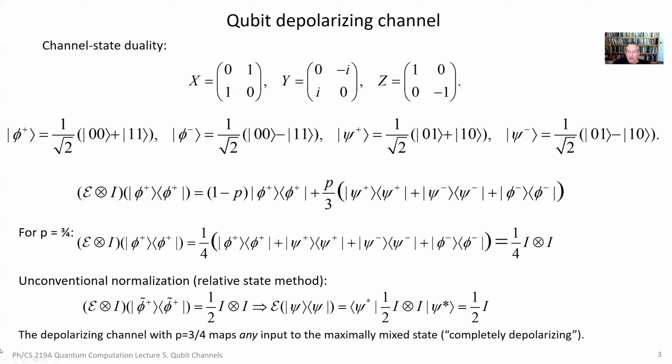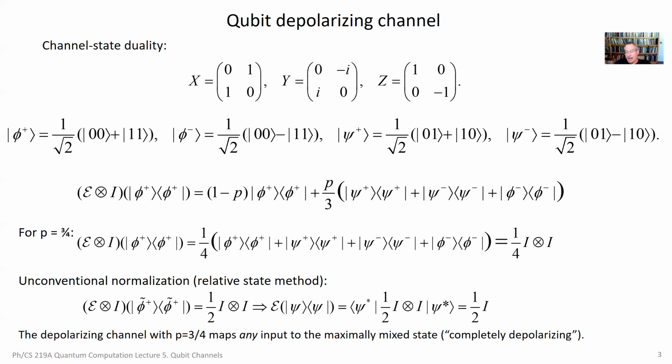If I want to know for an input pure state psi what the channel does, what the relative state method tells us to do is to take the output from the channel, except for this funny normalization, when the input is phi plus of system and reference system, and that in this case is just 1/2 times the identity, and then I take its expectation value in a state psi star, which is just psi except with its coefficients in our particular 0, 1 basis complex conjugated.